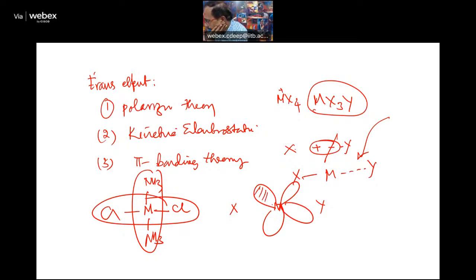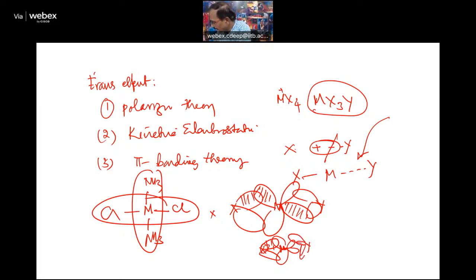If X is very strong, it pulls all the electron density, leaving very little electron density for interaction with Y. So the interaction is more here, and with Y the interaction will be very little. Because less electron density is there, the bond is automatically cleaved. This is how you can explain trans influence.